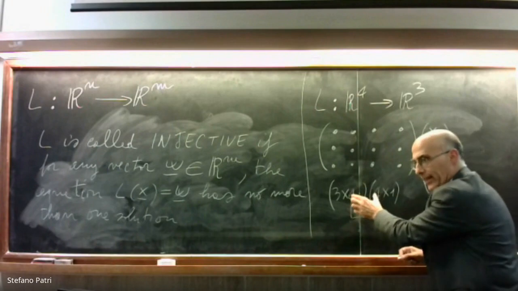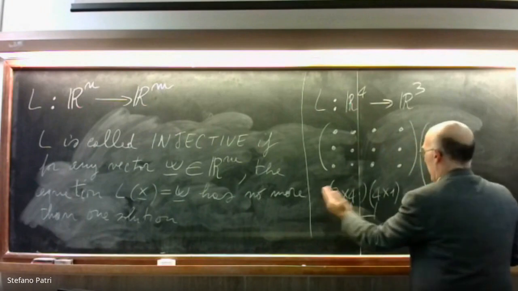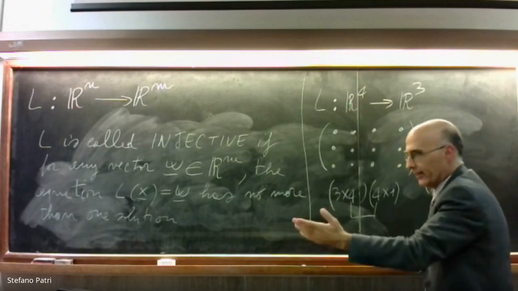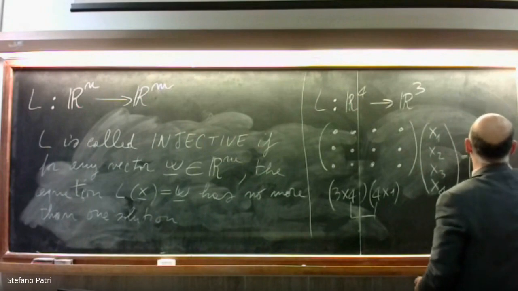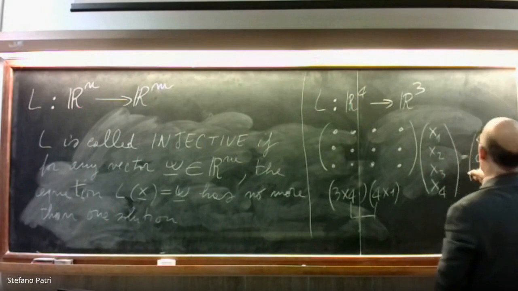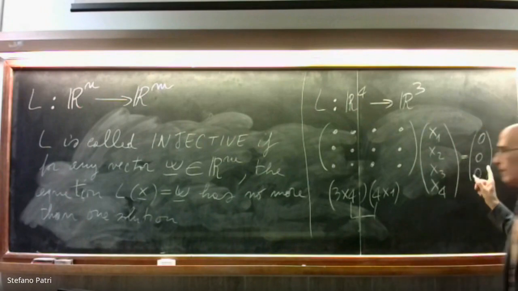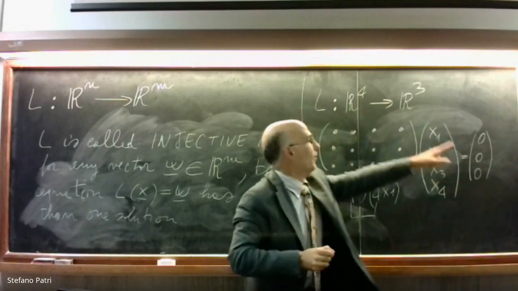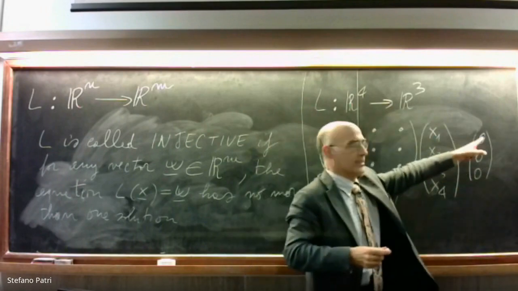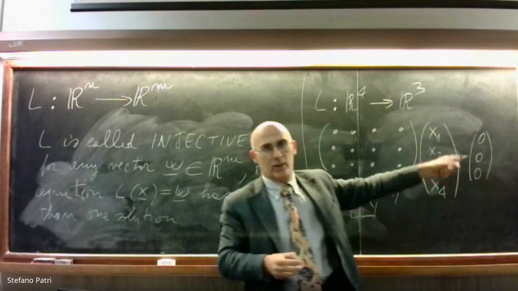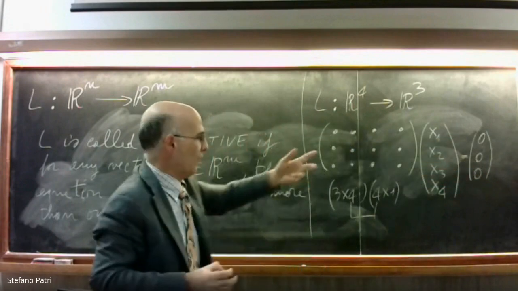Since these 2 indices are equal, the product is consistent. Equal to 0, 0, 0, the null vector of the second space R3.